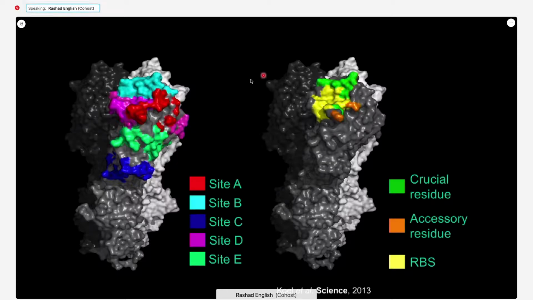On the right-hand panel, the receptor binding site is in yellow, and in the green and brown around that are the amino acid substitutions that are typically the ones that cause the major antigenic change. So very much the antigenic change is focused by substitutions very close to the receptor binding site.